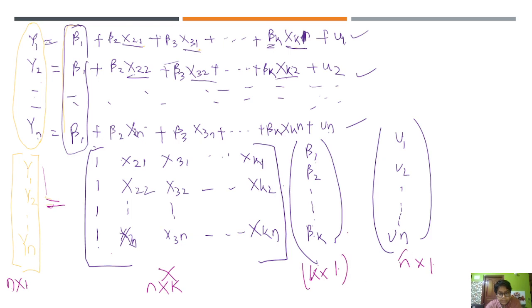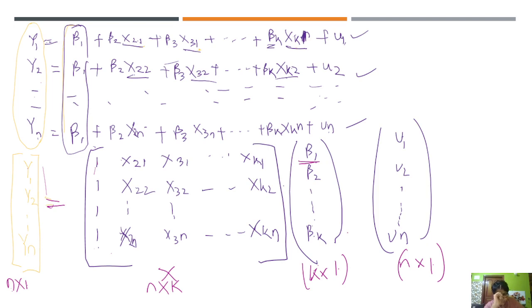So y is an n times 1 column vector and X is an n times k matrix, giving n observations on k minus 1 variables. And this column of 1s is representing beta 1, the constant.